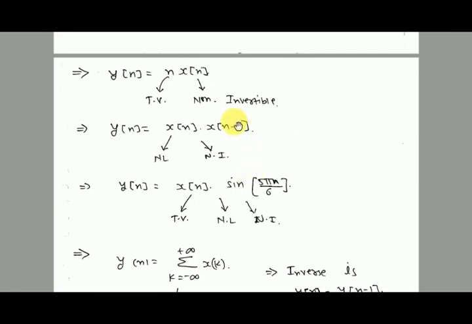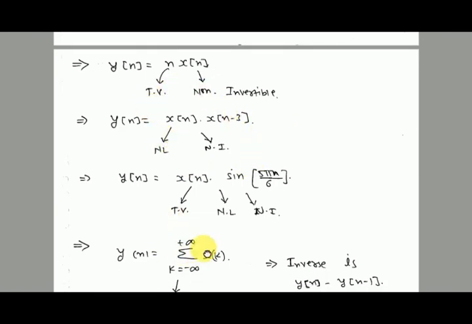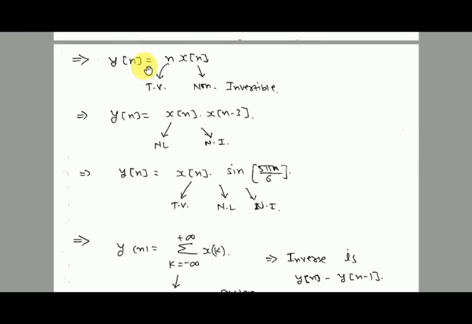These are small systems. You have to find orally whether the system is invertible or non-invertible, like this. y of n is equal to n into x of n. n is time variant, so it is a non-invertible system. The overall system will be time variant.